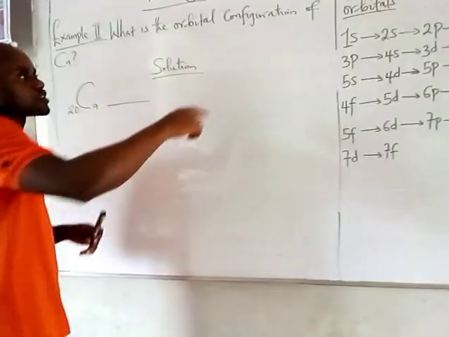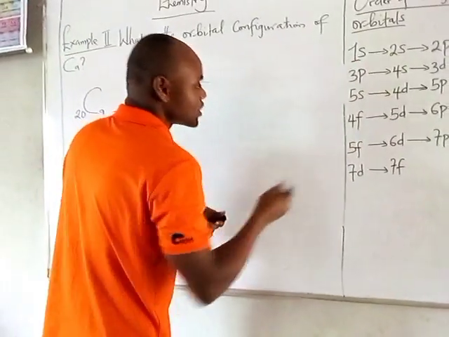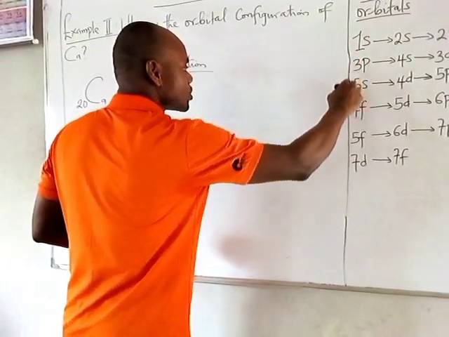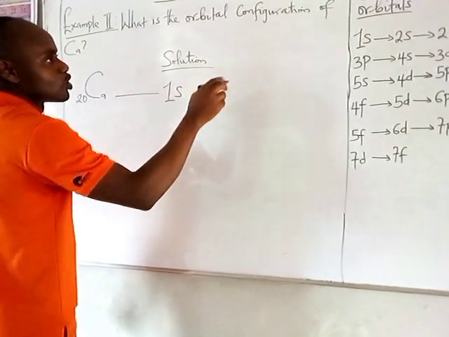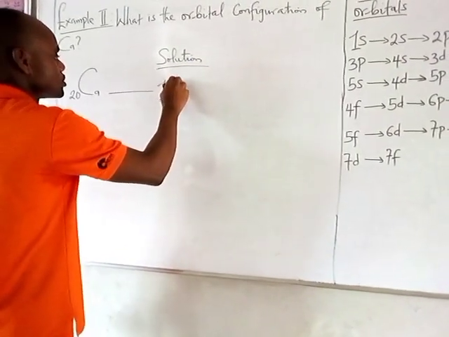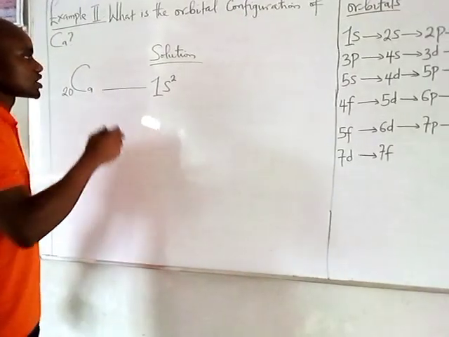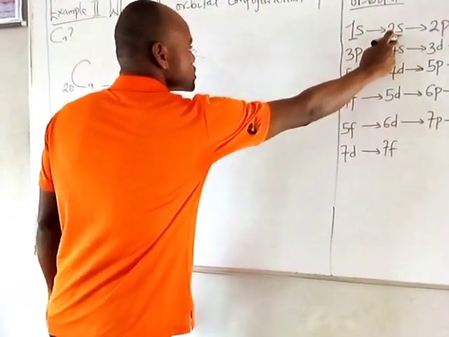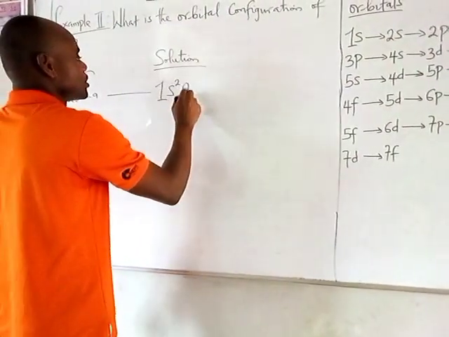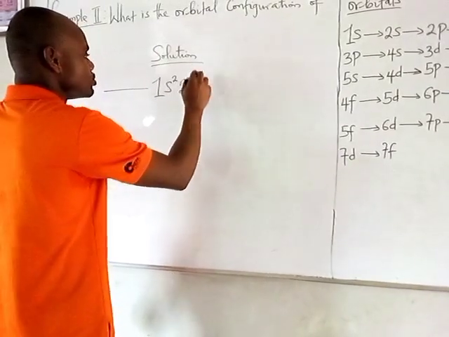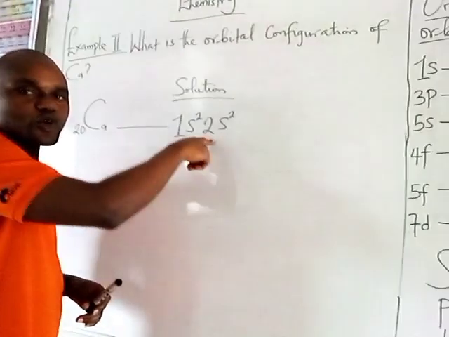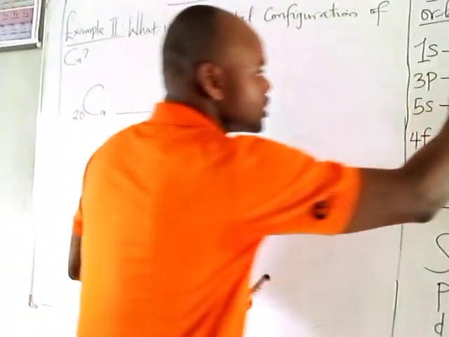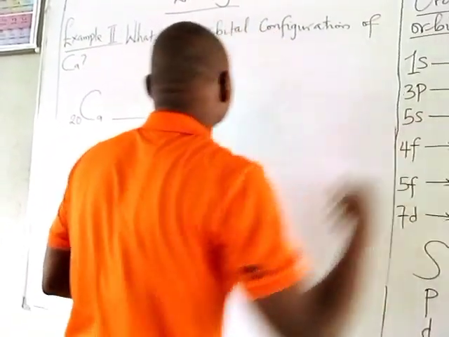We are starting with the first orbital, which is 1s. So it will become 1s2, that is the maximum number of electrons that can enter that. The next orbital is 2s. Because it is an s orbital, it's still going to be 2 electrons. After the 2s orbital, we proceed to the next orbital, which is 2p.